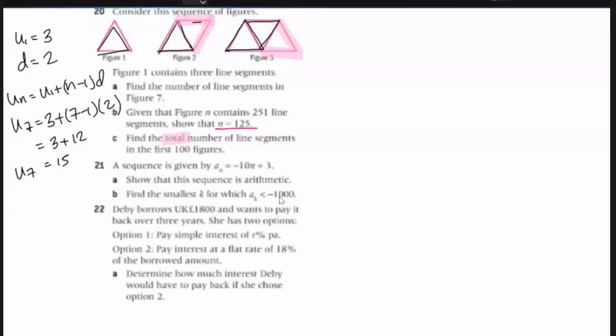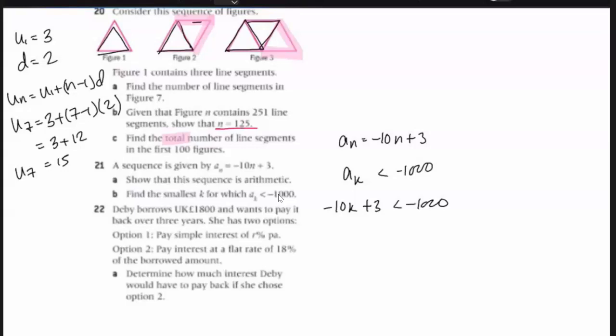You want to find the smallest k for a of k, so we're using this formula. My general formula is a of n equals negative 10n plus 3, but we want to show that a of k is less than negative 1,000. So the formula I'm going to use is negative 10k plus 3 less than negative 1,000.